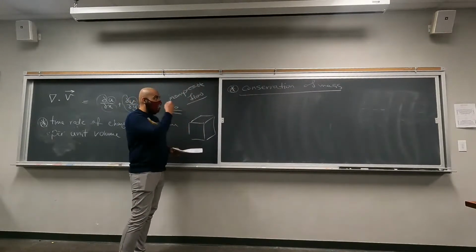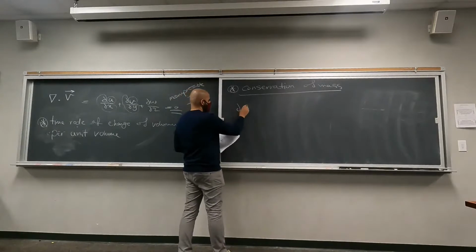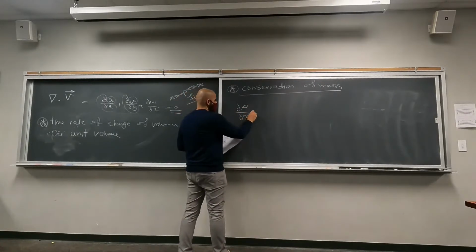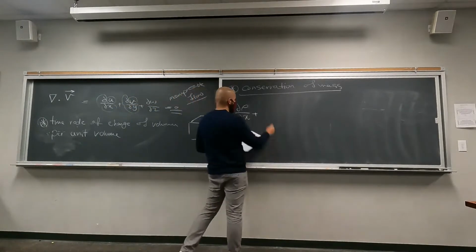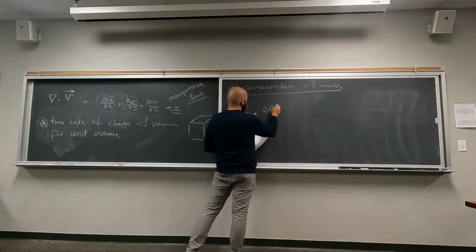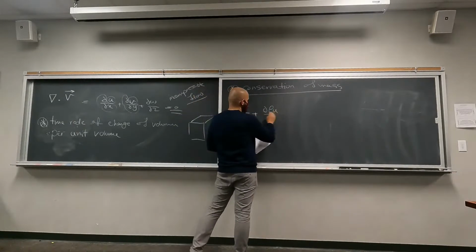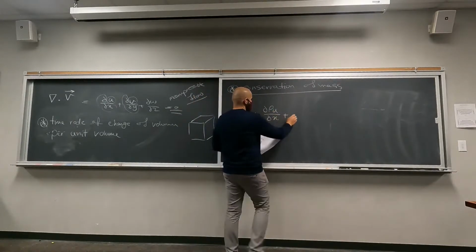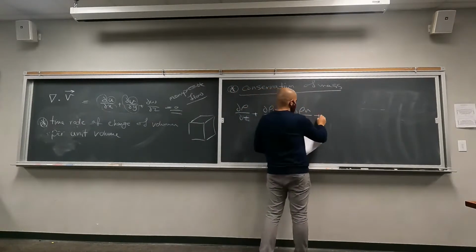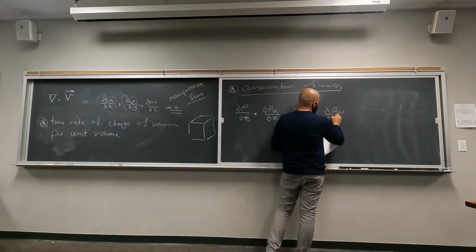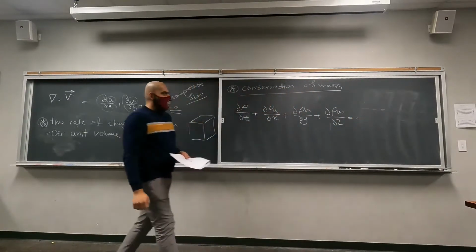So I'm just going to give you the final equation. The final equation of conservation of mass is going to look like this: partial rho over partial t, plus partial rho u over partial x, plus partial rho v over partial y, plus partial rho w over partial z has to be equal to 0.